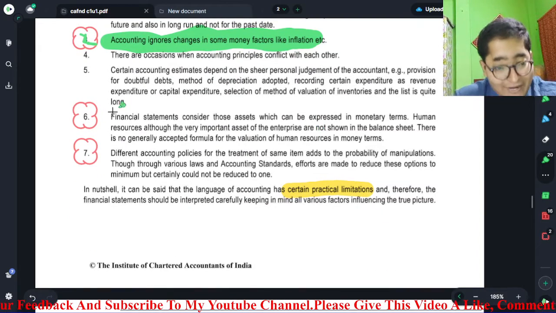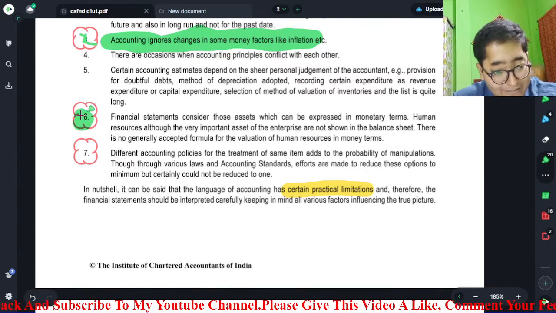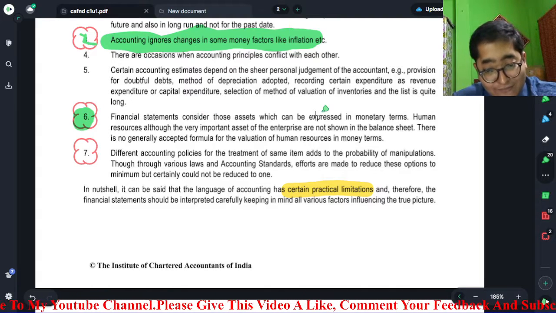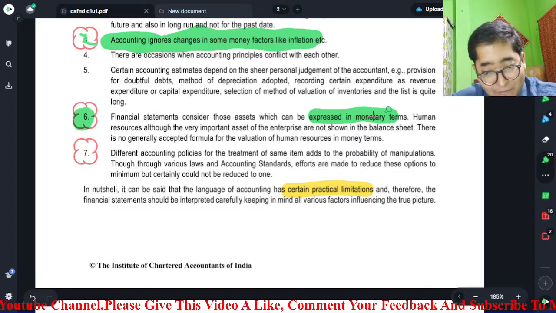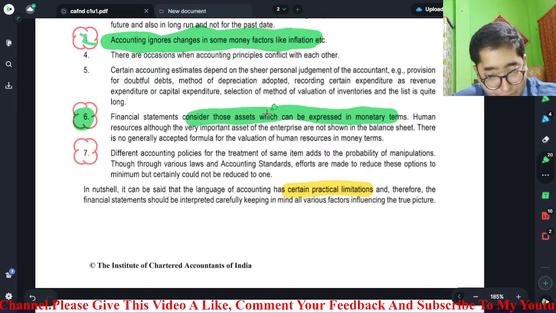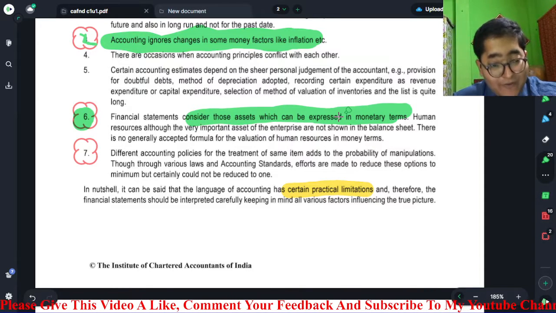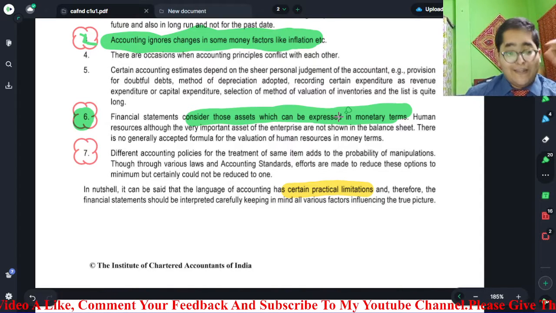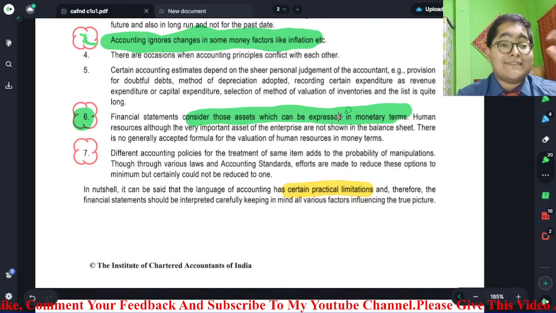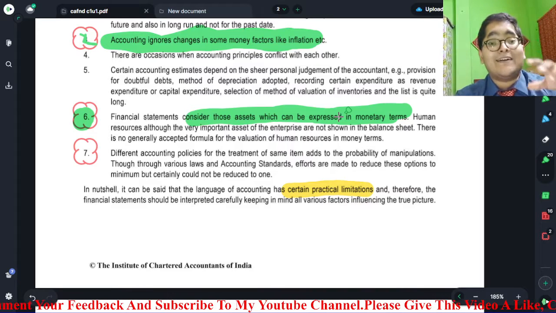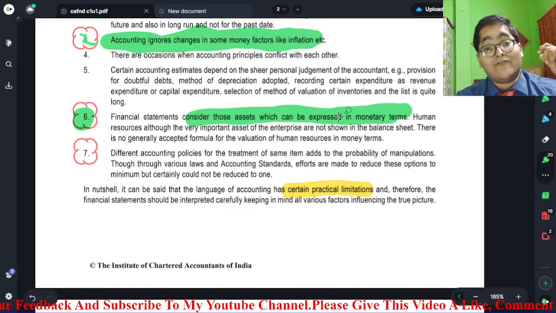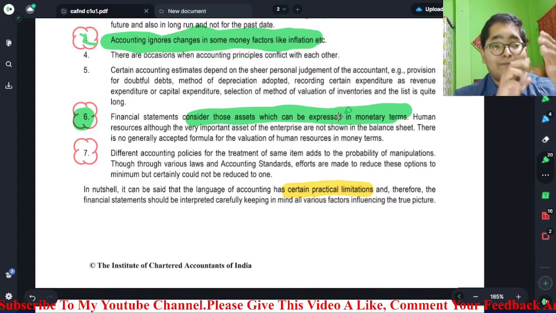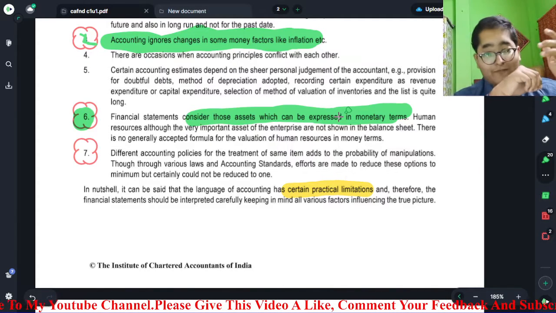Now comes the sixth topic, which is very important. Financial statements consider those assets which can be expressed in monetary terms. As given in your study material, the financial statements only consider the assets which are easily expressible in monetary terms.